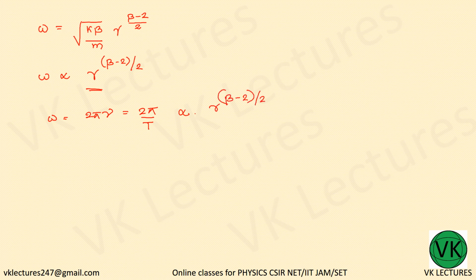Now the time period T is proportional to r to the power 2 minus beta by 2. So here we have how omega and time period are proportional to the radius.